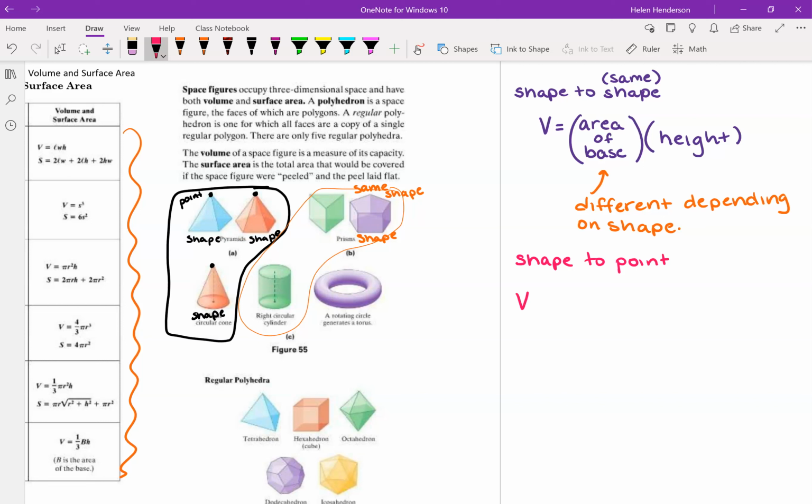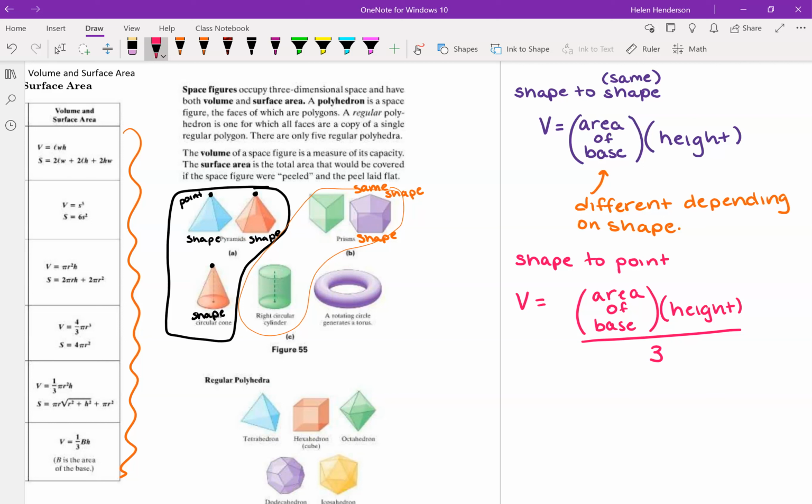So what we're going to do is we're still going to take the area of the base and times it by the height, but then we're going to divide it by 3. Why 3? Because that's the rule. That's the rule for all space figures that start at one shape and end at a point.